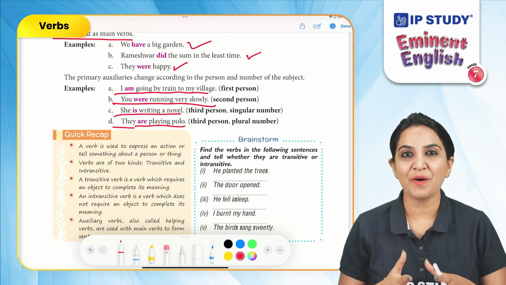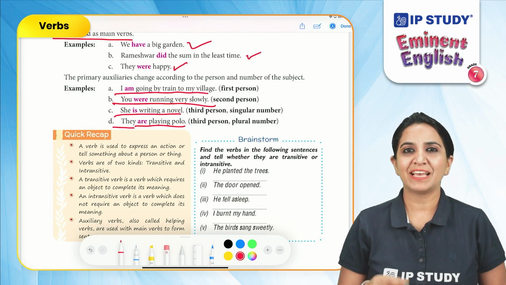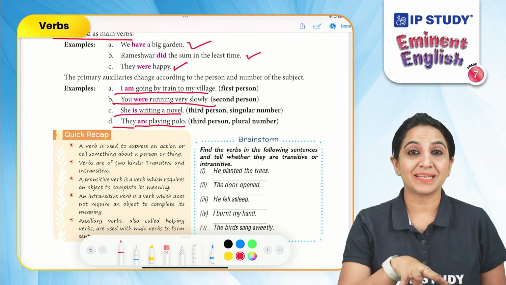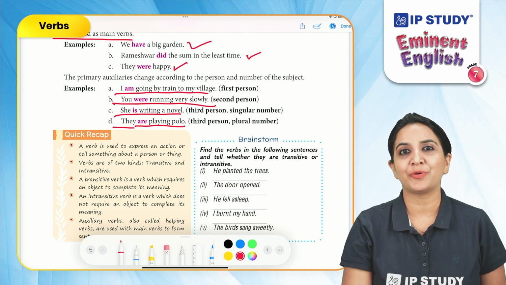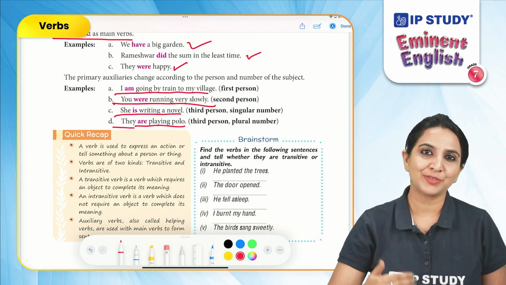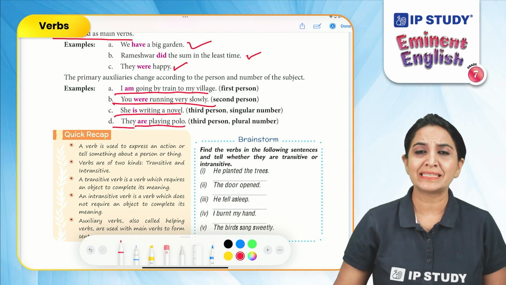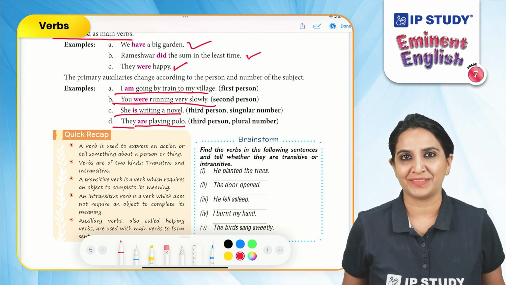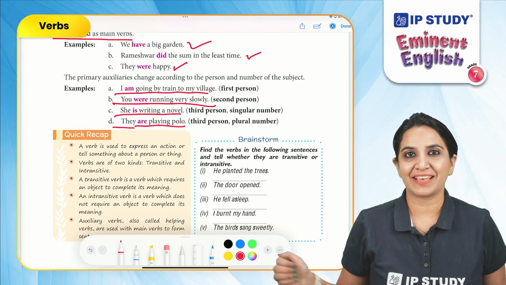So this was all about the topic verbs. We've only touched the tip of the topic, but verbs play a massive role in the complete English grammar, and you're going to study a lot of topics and a lot of details in each verb type as you go further in your grade 7.